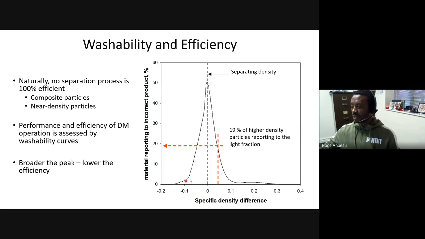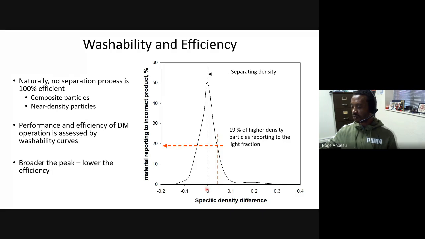But obviously, this curve can look very different. For example, you could have lots of particles in this region, or lots of particles in this region, making separation very difficult. Okay, so in this curve here, for example, what you have is between 0.1 and 0, so let's say 0.055.